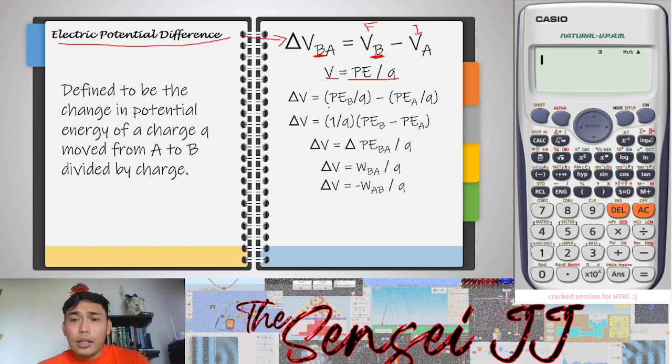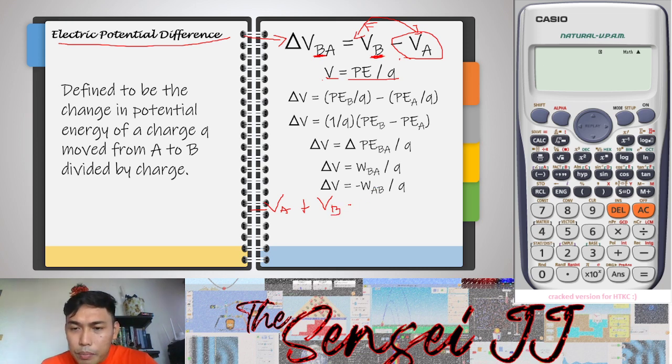Okay? And we have to transpose, unahin natin ngayon si initial minus final. So what will happen is this negative VA, when we transpose this negative VA to the other side, it will be negative VA plus VB.